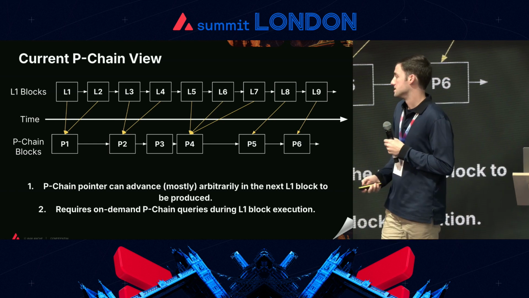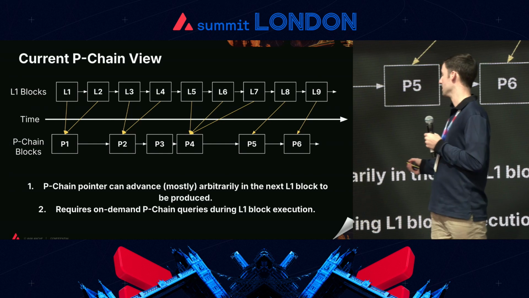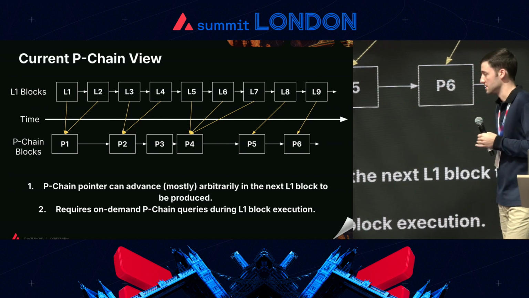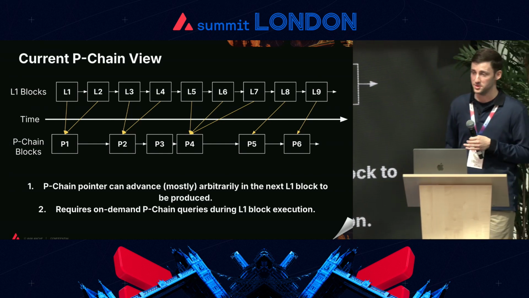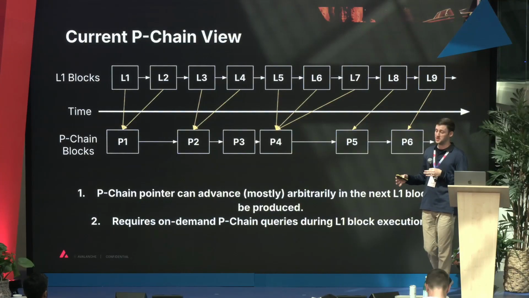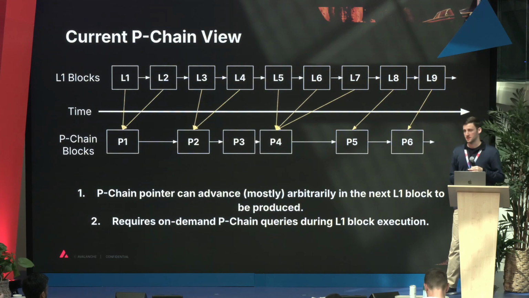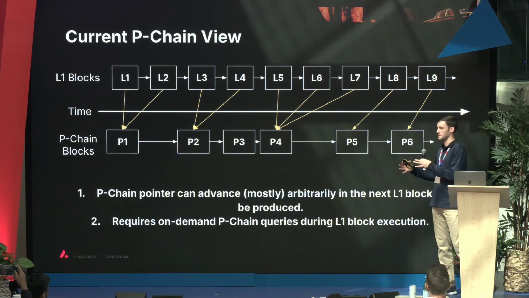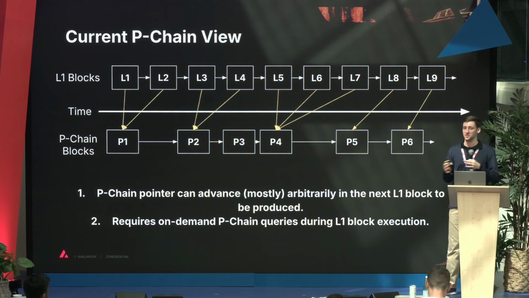And the issue here is that the P-chain pointer can advance basically arbitrarily in the next L1 block to be produced. And it requires on-demand P-chain queries during the L1 block's execution to actually verify the ICM messages in that block, because the P-chain block can change arbitrarily from one block to the next.